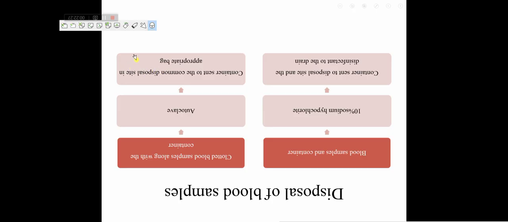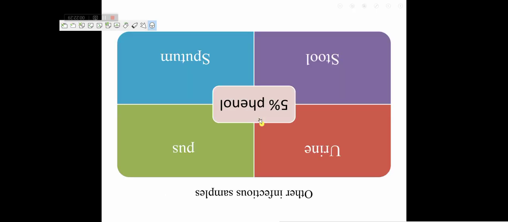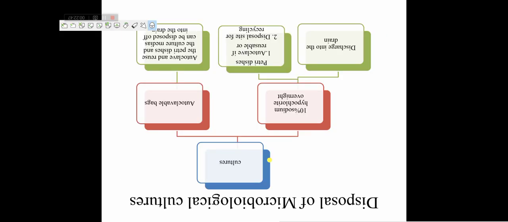And for the clotted one we have to autoclave it, then the container is sent to the common disposal site in the appropriate bag, right? Other infectious samples, such as urine, pus, stool, sputum, will be treated with 5% phenol, then kept for disposal in the particular bag.